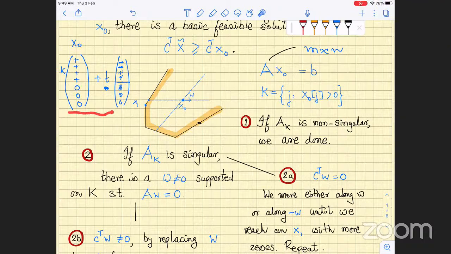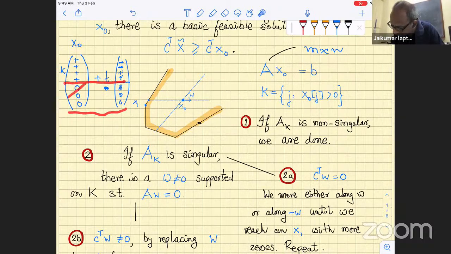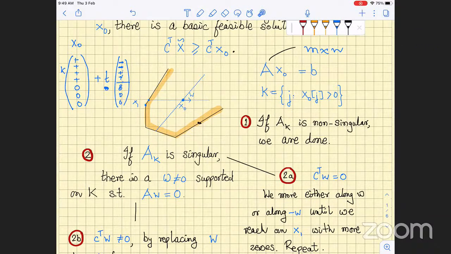And we have got a solution where those that were 0 continue to be 0, and one more of these coordinates has also become 0. The remaining coordinates are non-negative. It continues to be a feasible solution. And since we moved in the direction W, where the objective function was not changing, the new objective function value continues to be the same as the objective function value at x. Thank you.